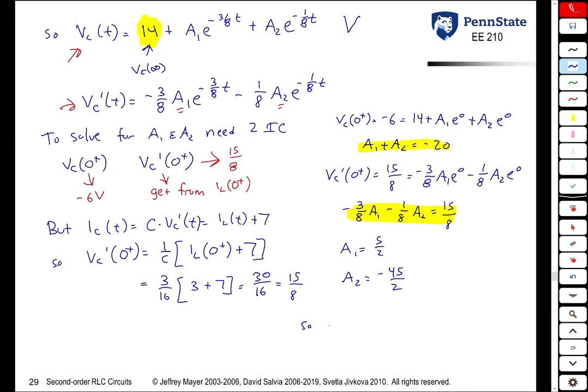So we get that Vc of t for t greater than or equal to 0 is 14 plus 5/2 e to the minus 3/8 t minus 45/2 times e to the minus 1/8 t. This again is for t greater than or equal to 0.